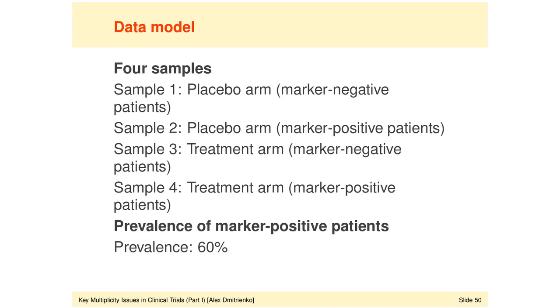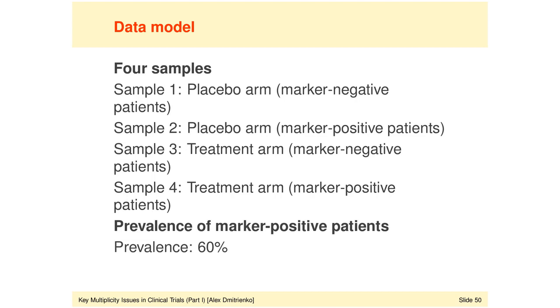The samples are labeled 1 through 4. The first sample includes placebo patients with a marker-negative status at baseline, then placebo patients with a marker-positive status, and then likewise samples 3 and 4 include patients who were assigned to receive treatment, but they have a marker-negative or a marker-positive status at baseline, respectively.